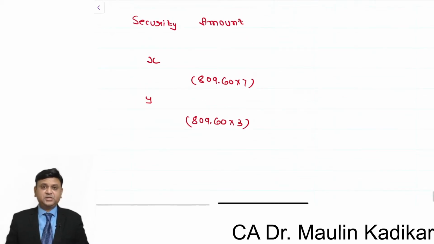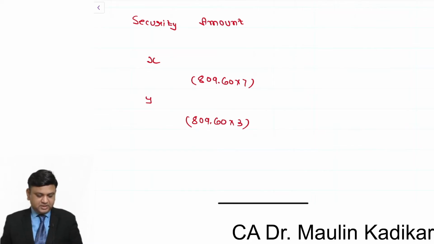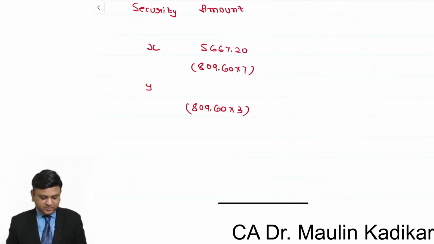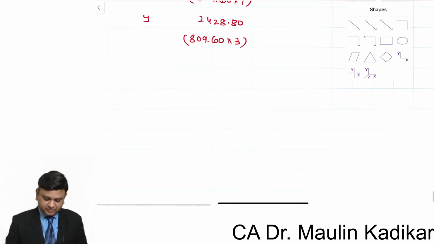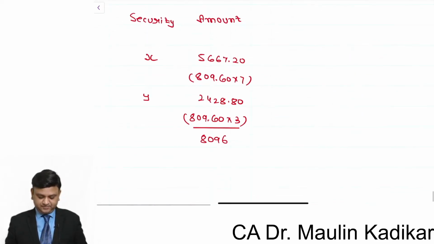So this is the number of securities in which you have made investment. So 809.6 into 7 comes to 5667.2. Then 809.6 into 3 comes to 2428.8. So the total of both of them is the total value of the investment, and it is of course 8096.